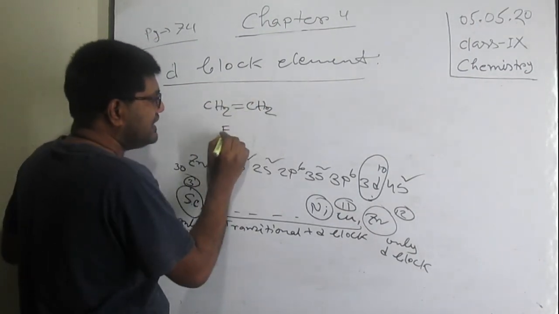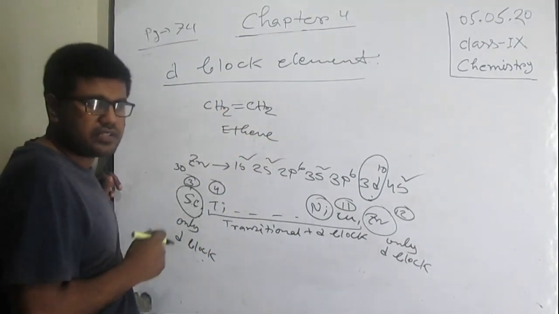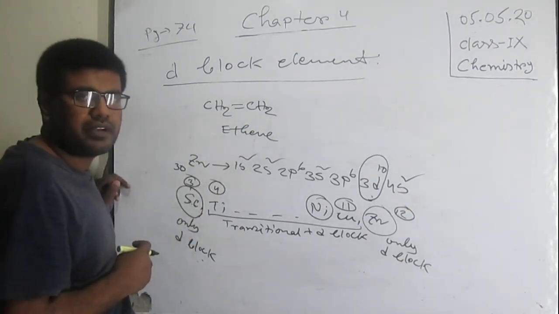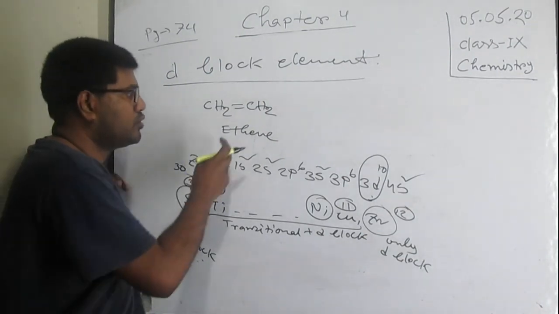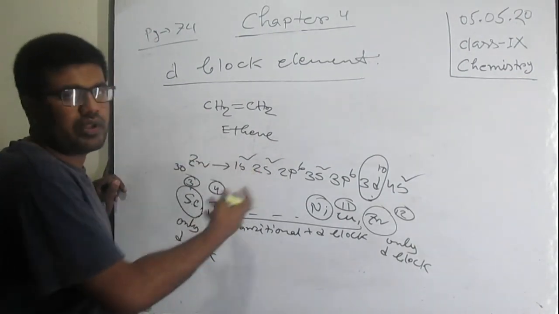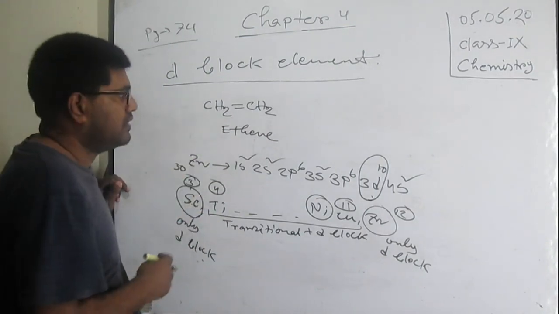This is called ethene. This is an organic reaction. You will know it in class 10. This is written in chapter number 11 in your book. So you don't know about this reaction, so you just memorize this reaction for now. You will understand it in class 10.